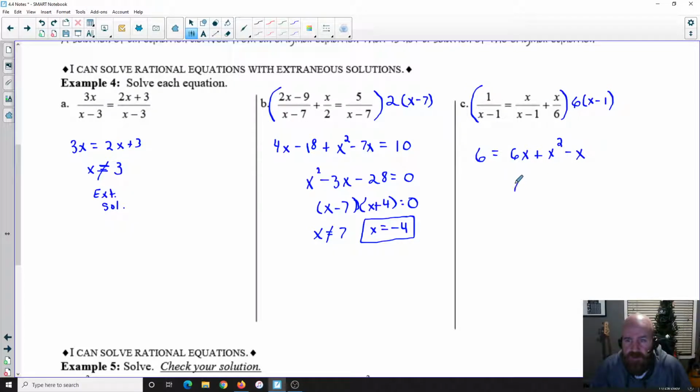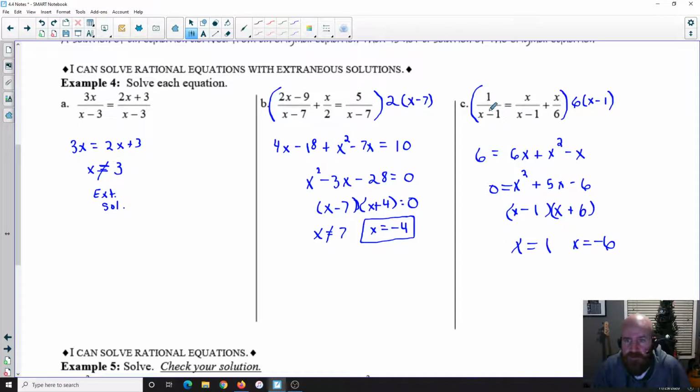And move everything over, and factor. So we get a negative 1 and a positive 6. So x equals 1, x equals negative 6.